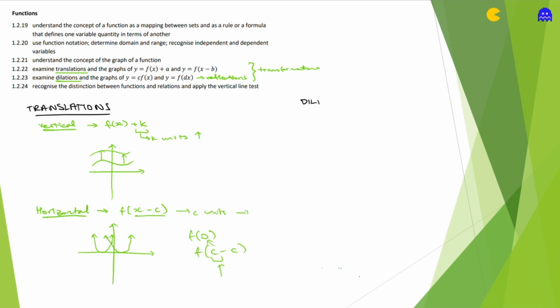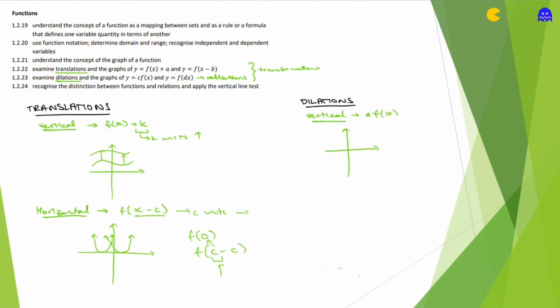Now, moving on to dilations, we can have horizontal or vertical dilations. When it comes to vertical dilations, we have our function like this, and essentially what happens is we have an a times f of x, for example, and this will stretch every single y value outwards by a factor of a.